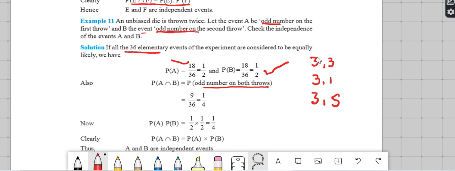This kind of pair you will get, 9 of them appear. So 1 upon 4. So P of A into P of B is equal to 1 upon 4, and it proves that A and B are independent events.